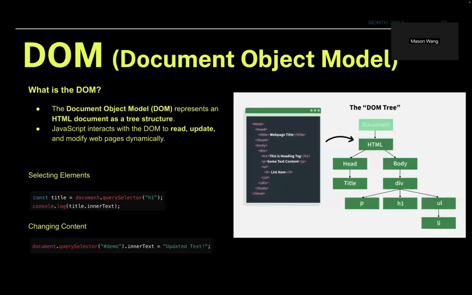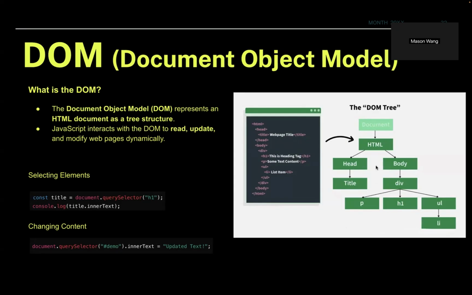At this stage, you're probably confused about what the DOM, the Document Object Model, is that I was talking about. Well, here is a good explanation. It represents an HTML document as a tree structure. If you've taken data structures before, this picture might look pretty familiar to you, because this is our usual HTML file, and you can see it's basically exactly like a tree.